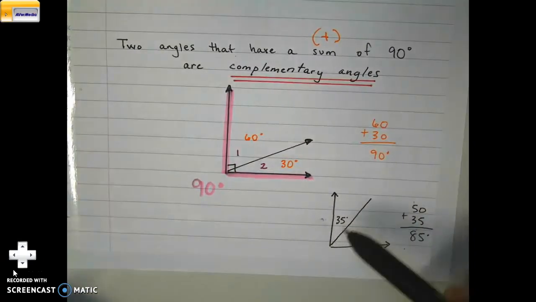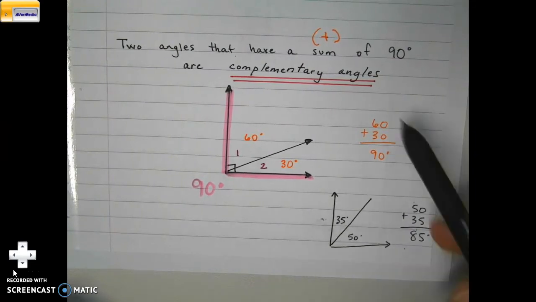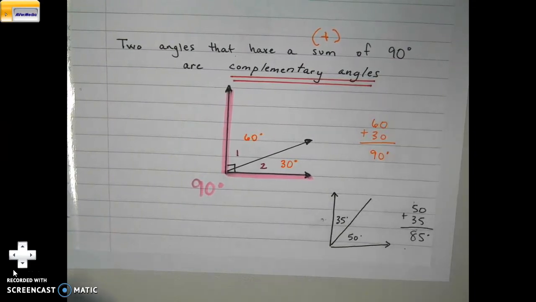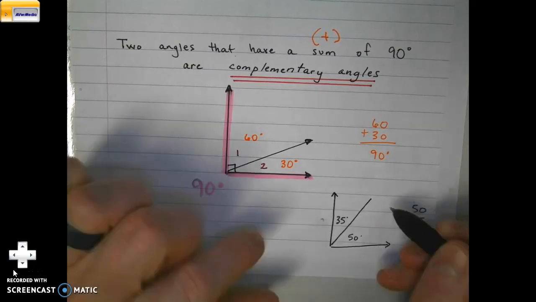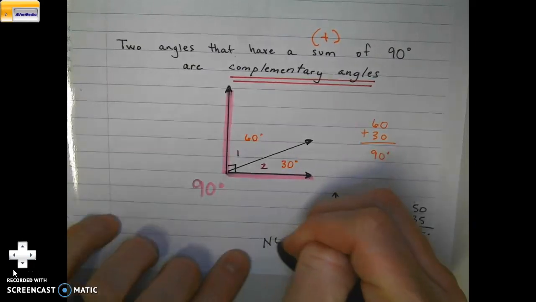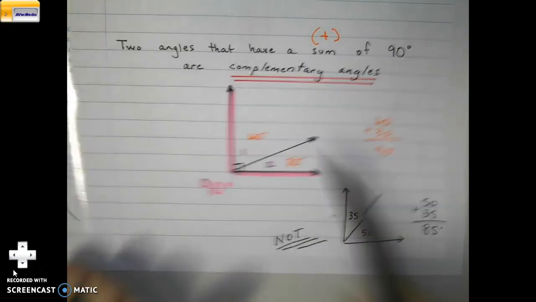To the naked eye, this may look like a right angle. You're like, yeah, that's 90 degrees, definitely a complementary angle. But when you add 50 plus 35, you only get 85 degrees. So these two angles are not complementary angles.